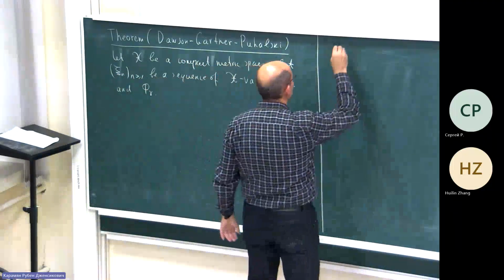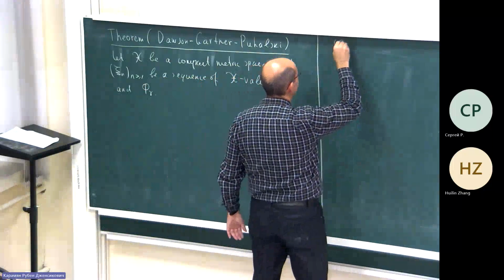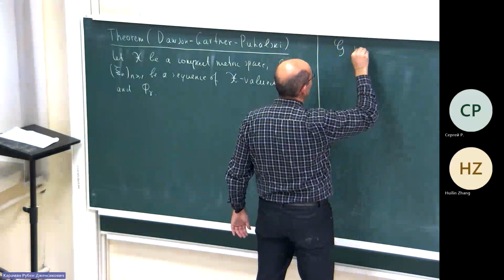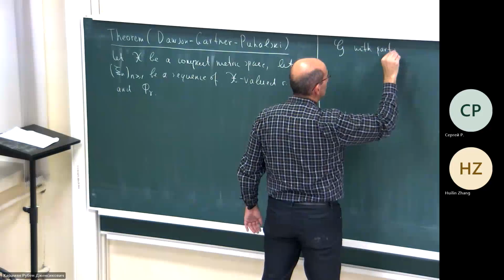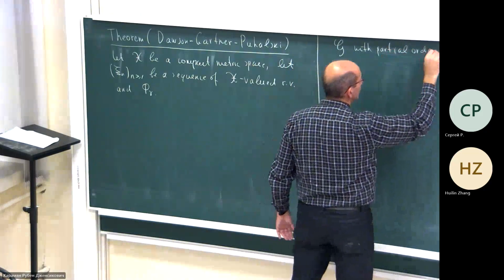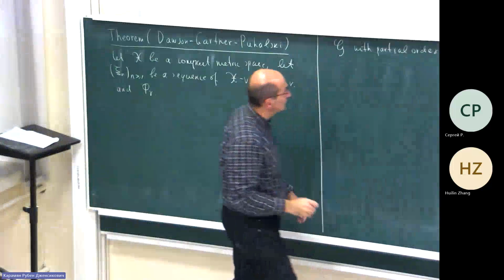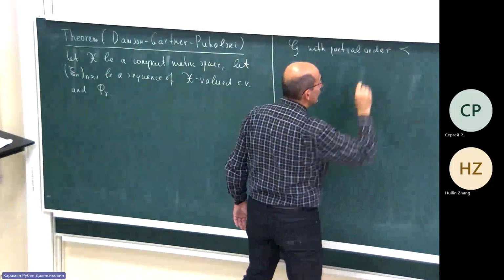Let us consider a set G with a partial order, which I can denote by this symbol. So we consider a set G with a partial order.